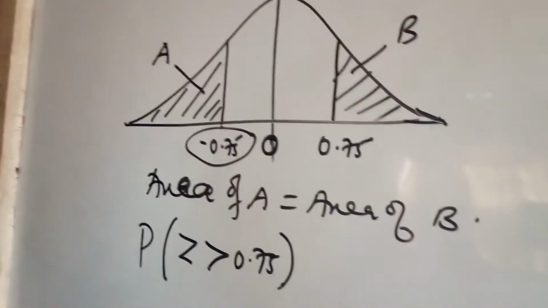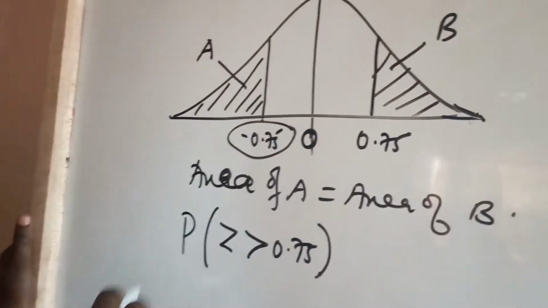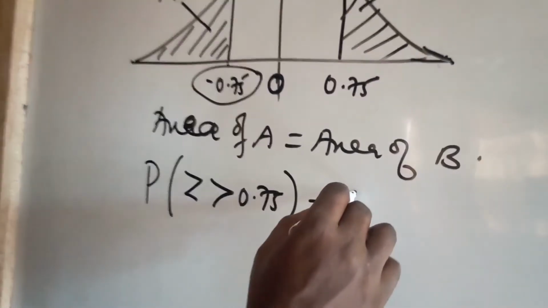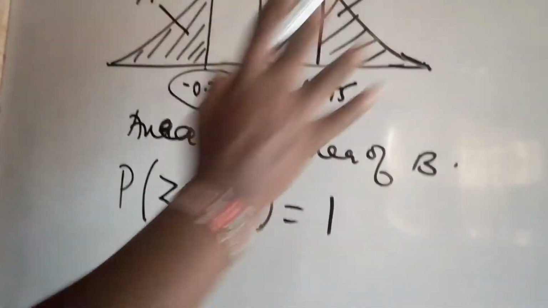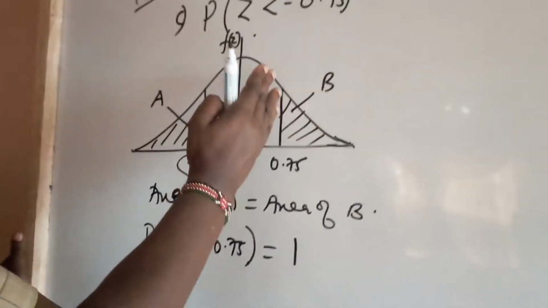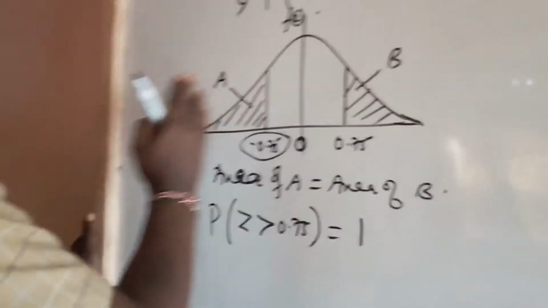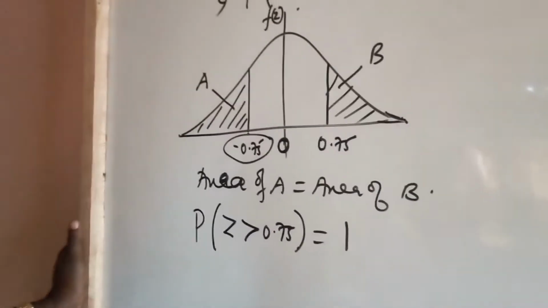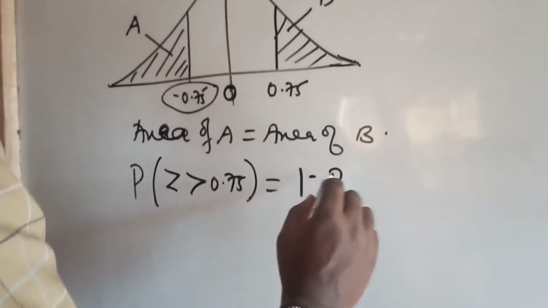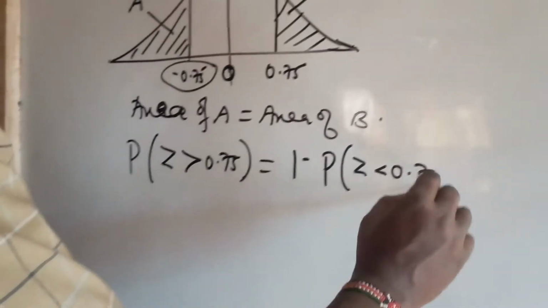And at least we are now somewhere, because this means it is the whole area 1, the whole area of the model, minus the area of this region up to 0.75 to the left. We will be left with that region. 1 minus the probability of Z less than 0.75.